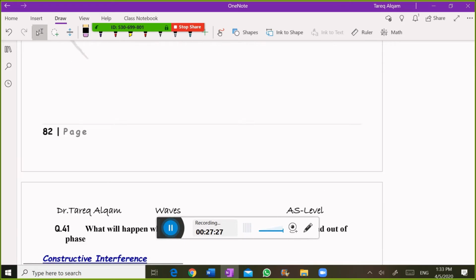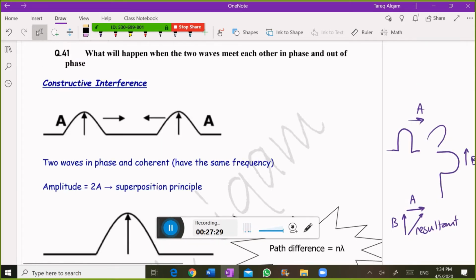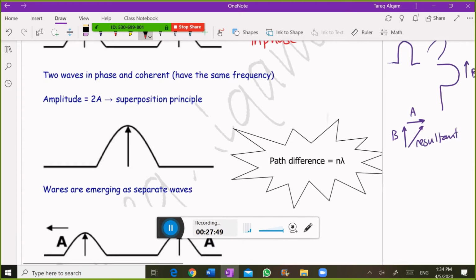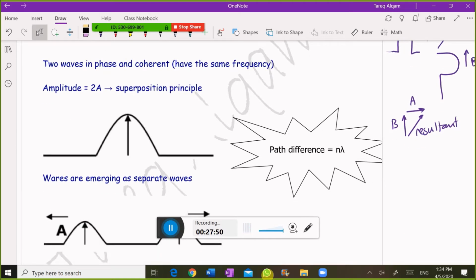We have two types of interference. First of all, constructive interference. Constructive interference, guys, takes place when the two waves meet in phase, meaning crest with crest. The result of that, by the superposition principle, is one wave. Of course, this is at the moment of interference.